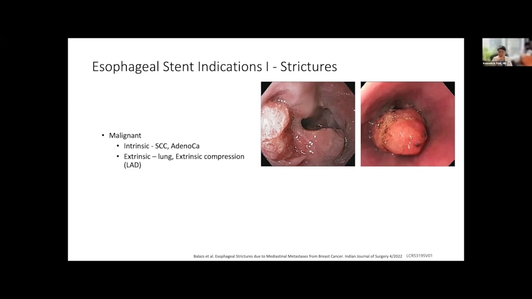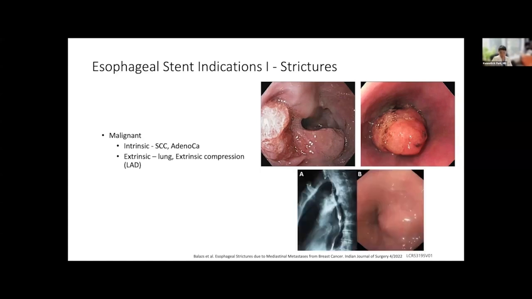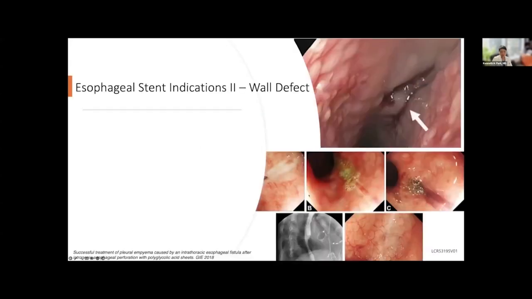Sometimes, on a rarer basis, we see extrinsic compression from other malignancies, metastases, breast cancer, lung, or malignant lymph nodes. This is an image of large mediastinal lymph nodes causing almost complete obstruction in the mid-esophagus. And then there are chronic fistulas that we can potentially stent to cover up and improve symptoms until more permanent therapy, maybe.